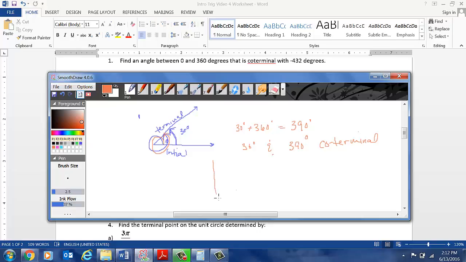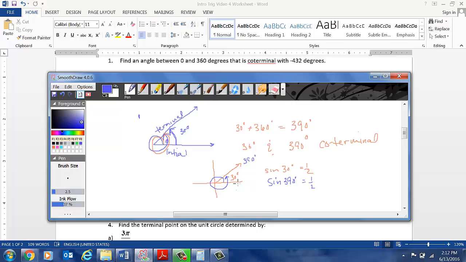So if you think about it, when we're thinking about those angles on the XY plane, if this was a 30-degree angle, you know that sine of 30 degrees is 1/2. Well, then also, if we go around, finding a coterminal angle, something like this, which we just said was 390 degrees, sine of 390 degrees is also 1/2.